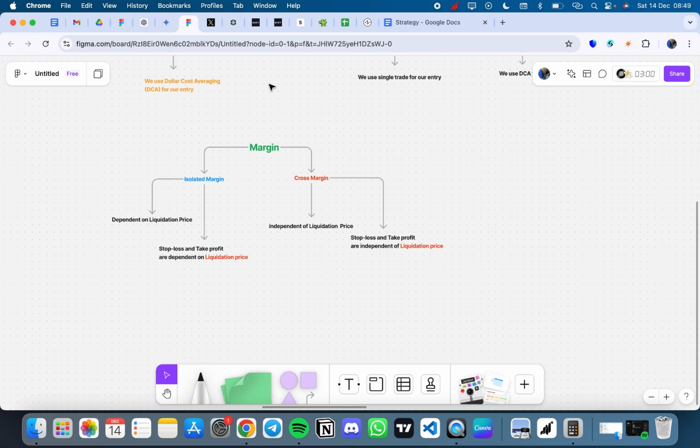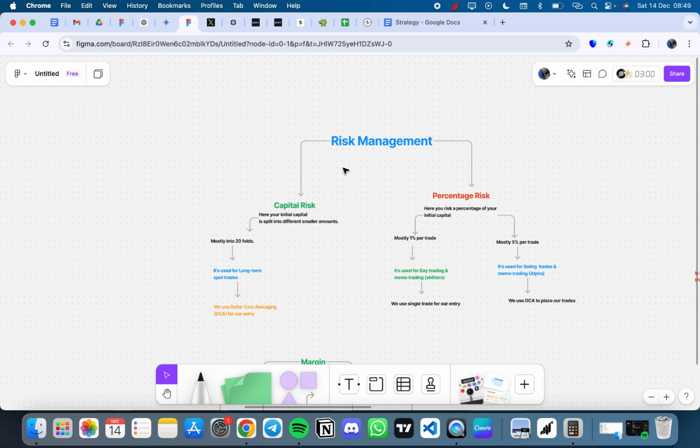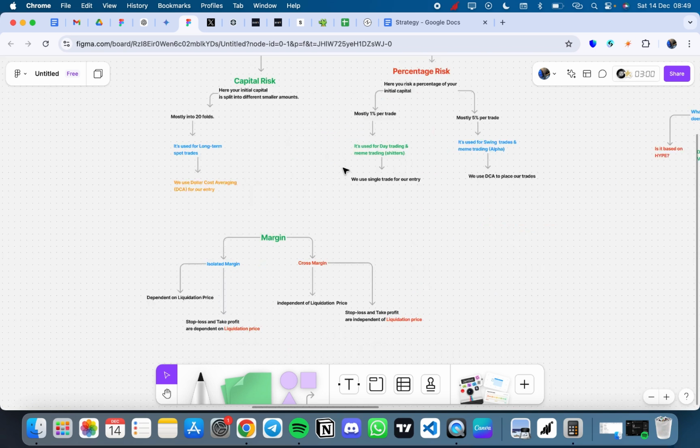So the best place to actually trade properly, that is the way I know how to trade as a forex trader. The type of trading I'm used to is using cross margin, right? But you must use your stop loss and TP. So that is why we call this risk management, because risks can only be managed if you can determine a predetermined loss before entering a trade, right?